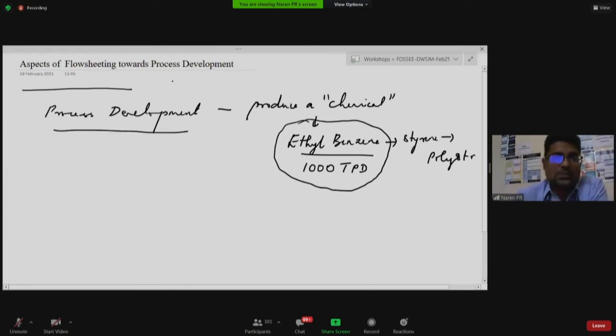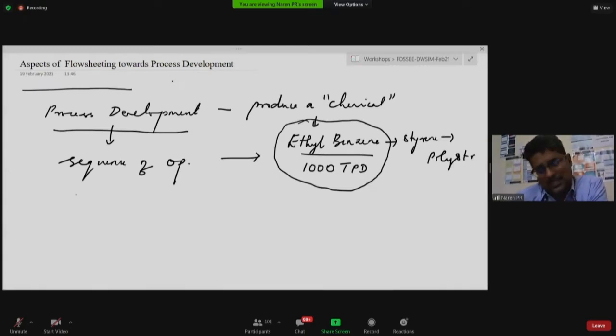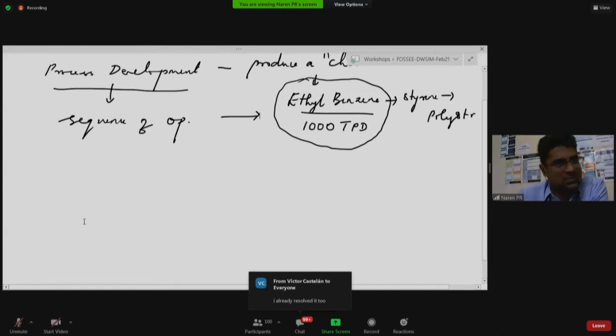That means you are asked to develop the sequence of operations that you have to perform in such a way that you will get this product of this particular capacity. This is one competency expected from a chemical engineer at an undergraduate level.